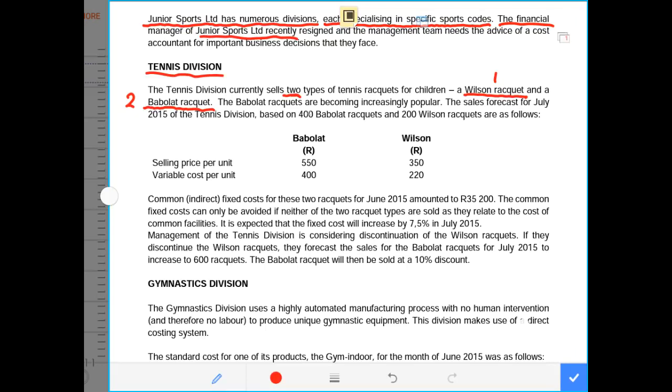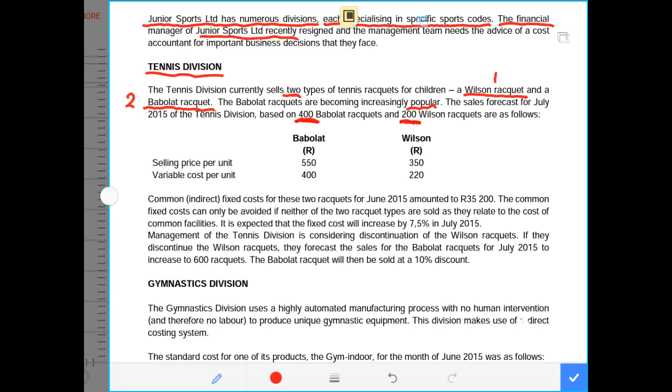The Babolat rackets are becoming increasingly popular. The sales forecast for July 2015 of the tennis division, based on 400 Babolat rackets and 200 Wilson rackets, are as follows. So that means the information that we will be seeing below was based on the sale of the 400 and also on the sale of the 200.